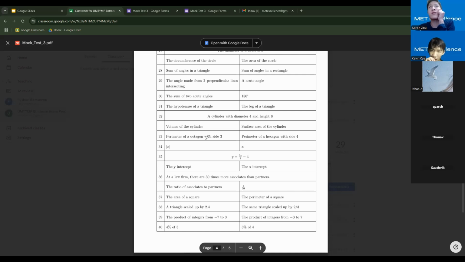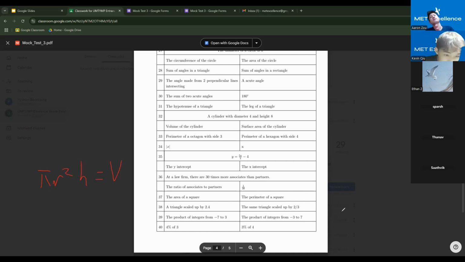Okay, so question 32, I'll let Kevin take this one. Okay, so volume of a cylinder versus surface area of a cylinder. So volume of a cylinder, Aaron did go over briefly at the end there. We know that the volume of a cylinder is pi r squared h.